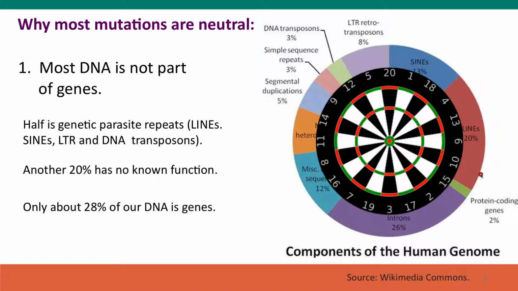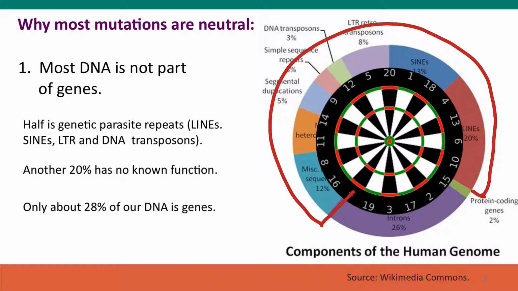So naturally, most of the mutations are going to land in most of the genome, which is the non-functional parts of the genome. This segment here is going to get most of the random mutations.